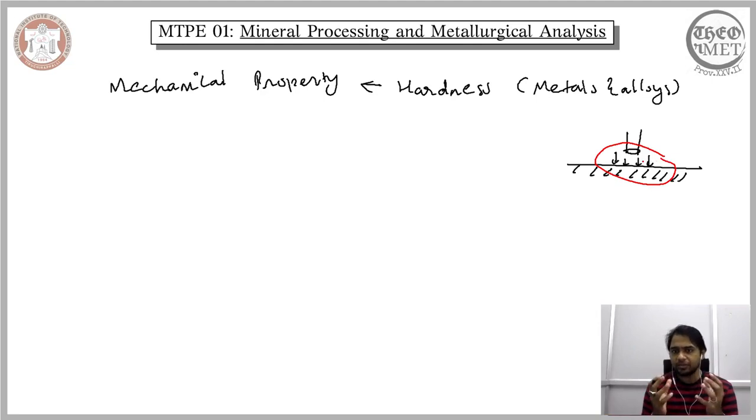The way we calculate this hardness is by using a setup like this. You refer to this as an indenter, and the deformation that this indenter achieves in the material, we refer to as the indentation. By relating the load that is imposed by the indenter and the indentation that is made within the material, you will be calculating the hardness of a metal or an alloy.